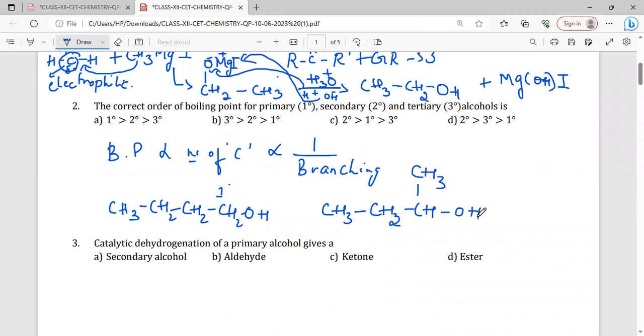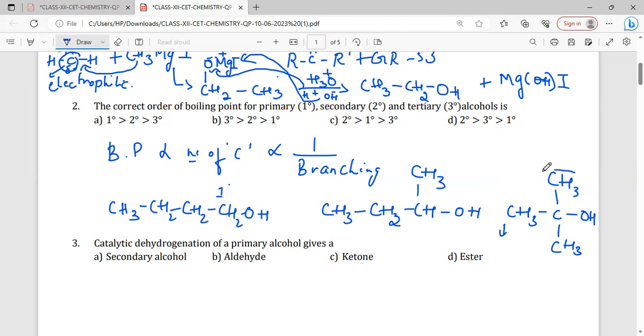Now I'm taking tertiary butanol. So what is happening when I'm moving from primary to tertiary? The branching is increasing, right? You have one branch over here, and three branches over here. As the branching increases, your surface area decreases.